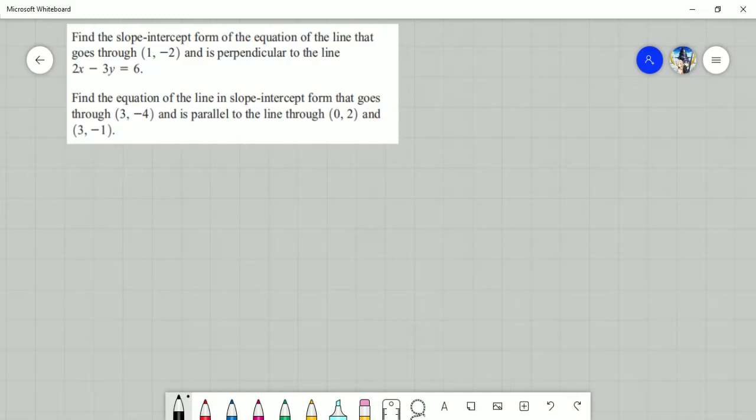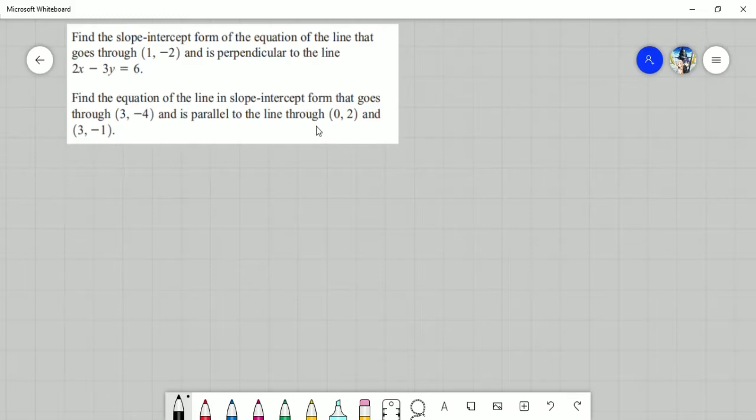So with that being said, we need to ask ourselves, what is the slope of this other line that they're talking about, in order for us to find the equation of the line in slope intercept form. We will start with the 2 points that our line is supposed to be parallel to, (0, 2) and (3, -1).